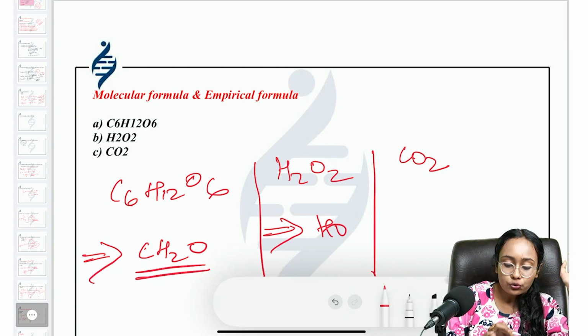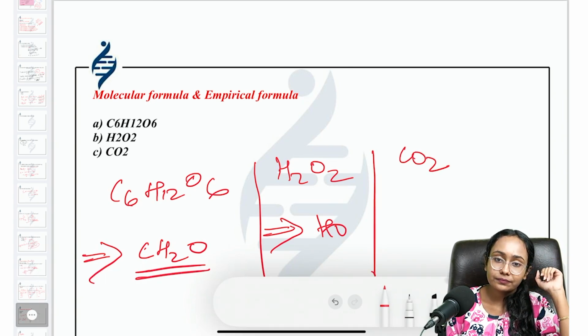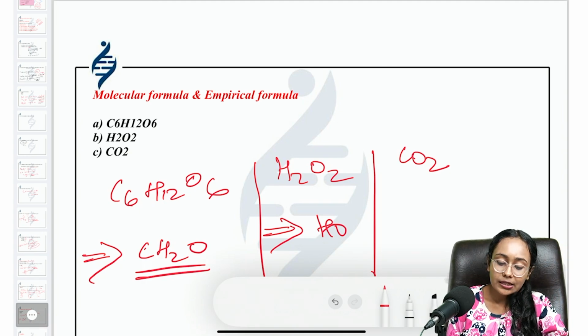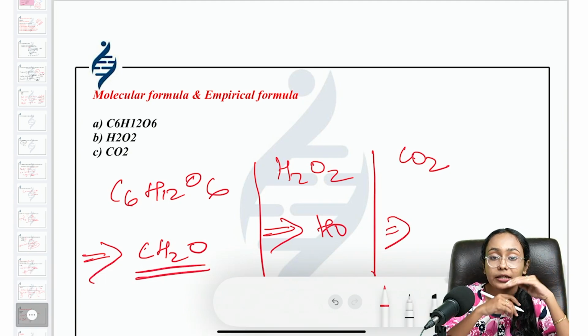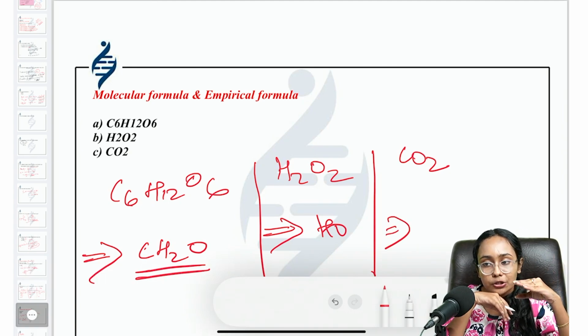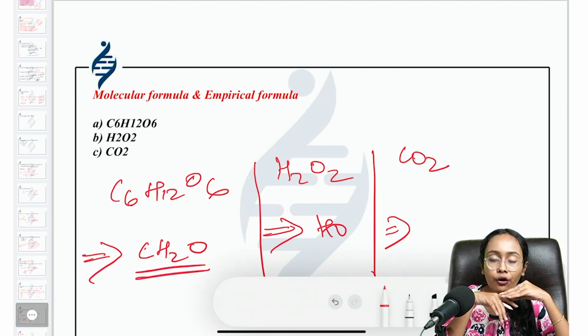Coming to CO2, carbon dioxide. Carbon dioxide has 1 carbon atom and 2 oxygen atoms. Carbon dioxide is made up of carbon and oxygen, and I know that it's a molecular formula. What will be the empirical formula of CO2? Is it possible to divide the number of atoms in carbon dioxide by a simple whole number?